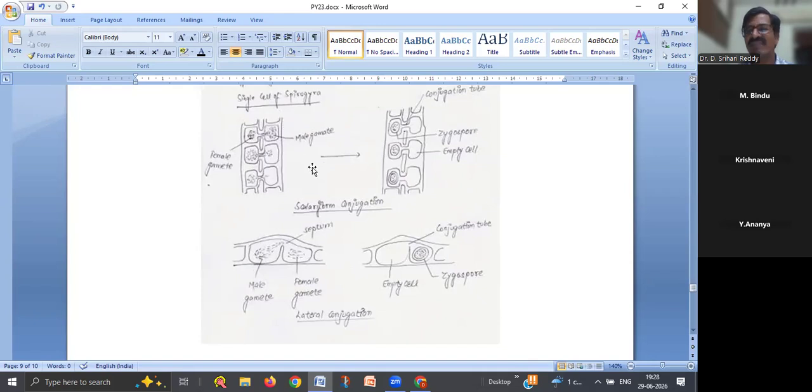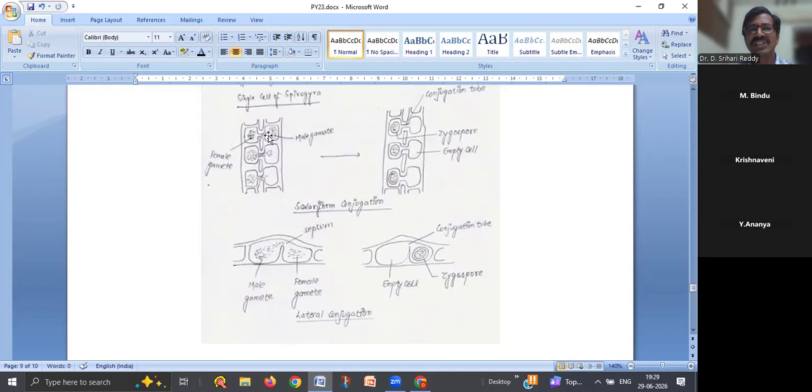But in the case of scalariform conjugation, two different filaments come close and form conjugation tubes. One filament forms the male gametes and another filament forms the female gametes. So it is not homothallic, it is heterothallic. That means the male and female gametes are formed in different filaments.